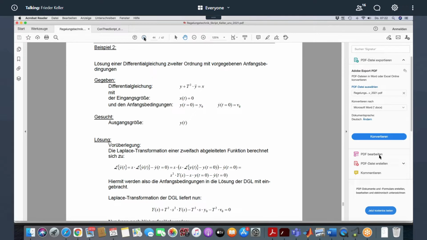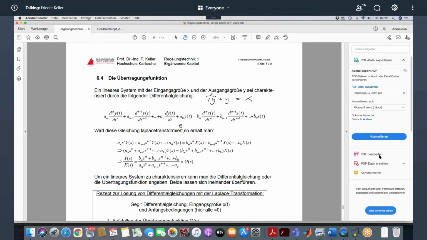Good. Then, very important, the so-called Übertragungsfunktion, the transfer function, and you see, in general, such a differential equation may look like that. That's how it looks complicated. So you see, we do not have only the y of t, we also have the first derivative with respect to time.